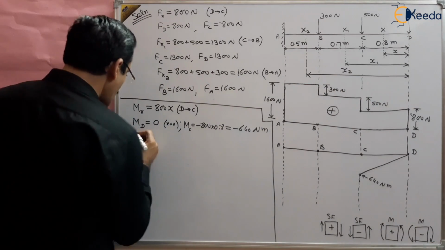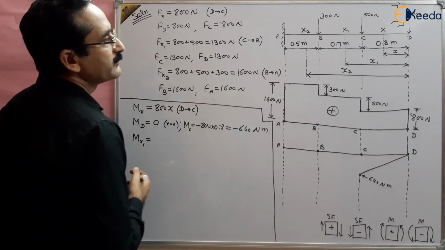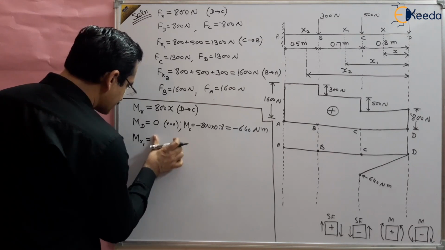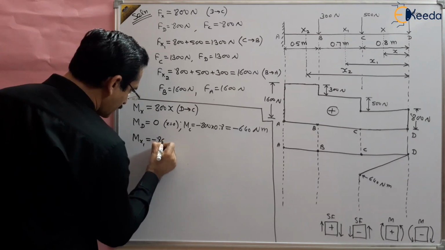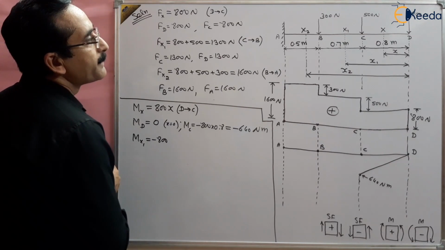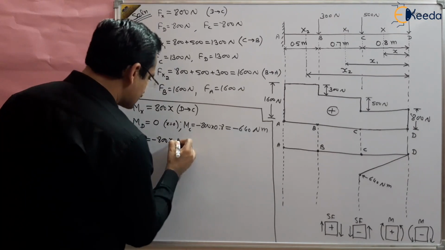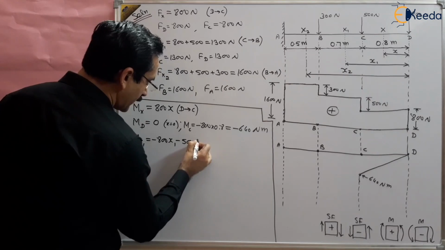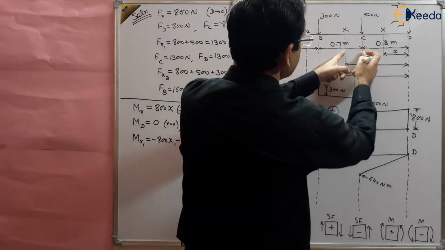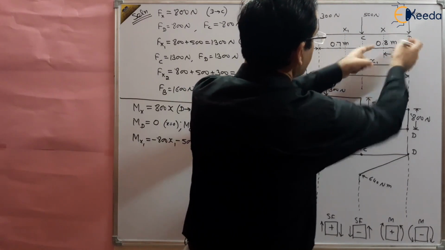So Mx1 will be equal to minus 800 multiplied by x1 and minus 500 multiplied by this distance, Cx1. What is Cx1? That is x1 minus 0.8.